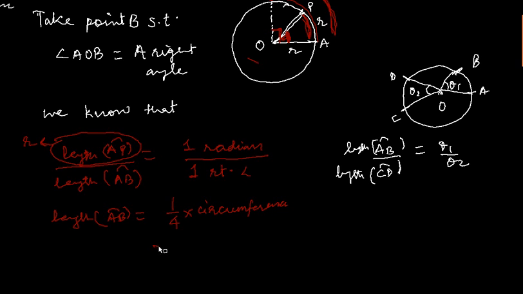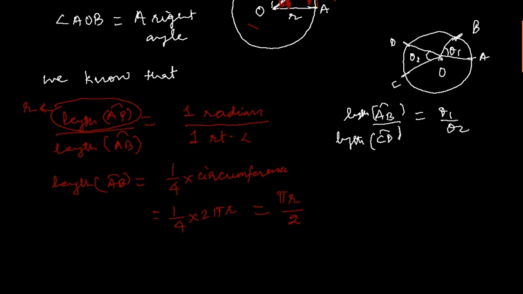Now circumference is 2 pi r, so this is equal to pi r by 2.